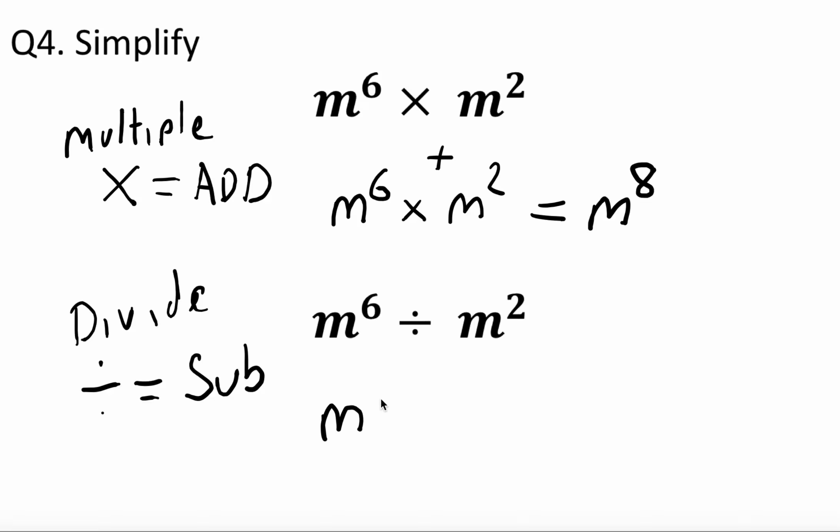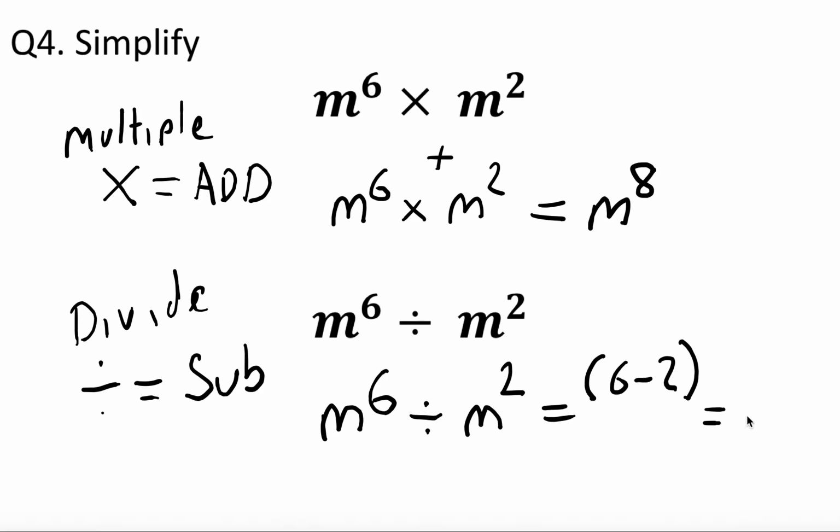So m to the 6 divided by m to the 2 will equal, 6 minus 2, equals m to the 4. So there you go.